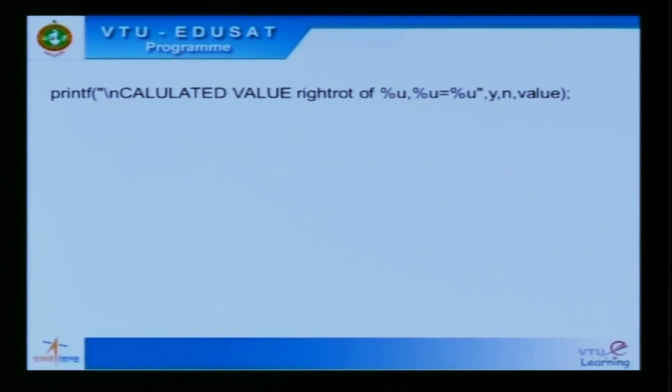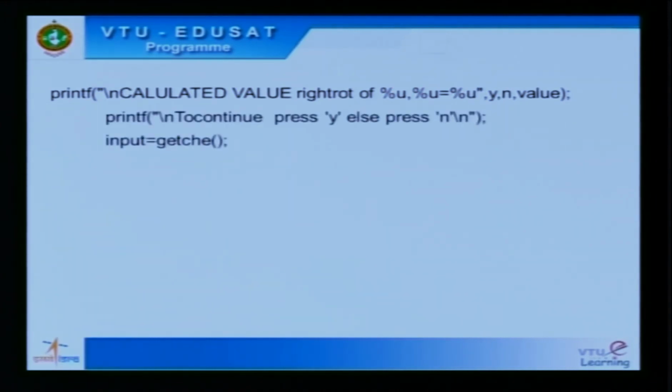In the main function, we can see the calculated value: right rot of %u comma %u equals %u. That is, the given number has been rotated by so many bits and the value is given by once again the %u. This we can see in our output.